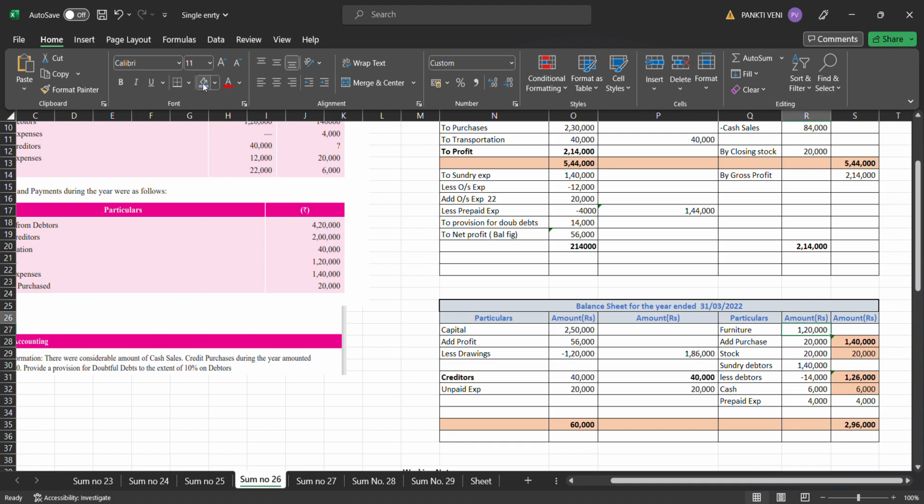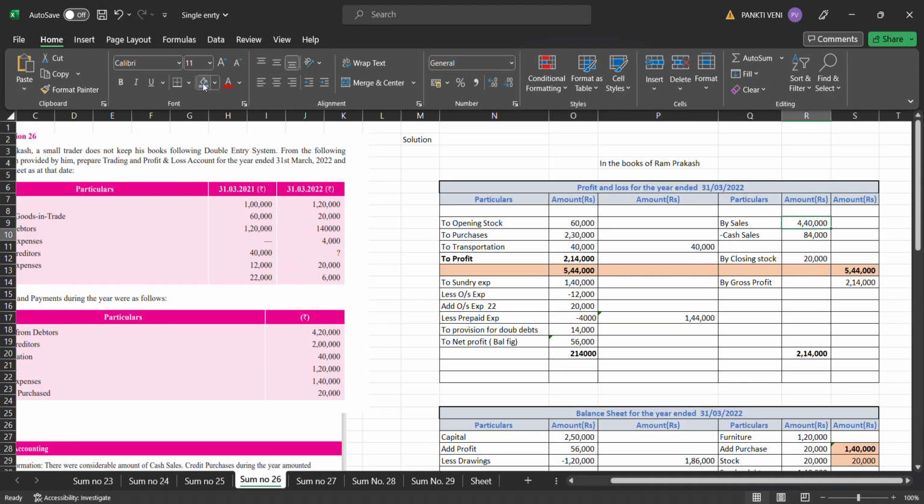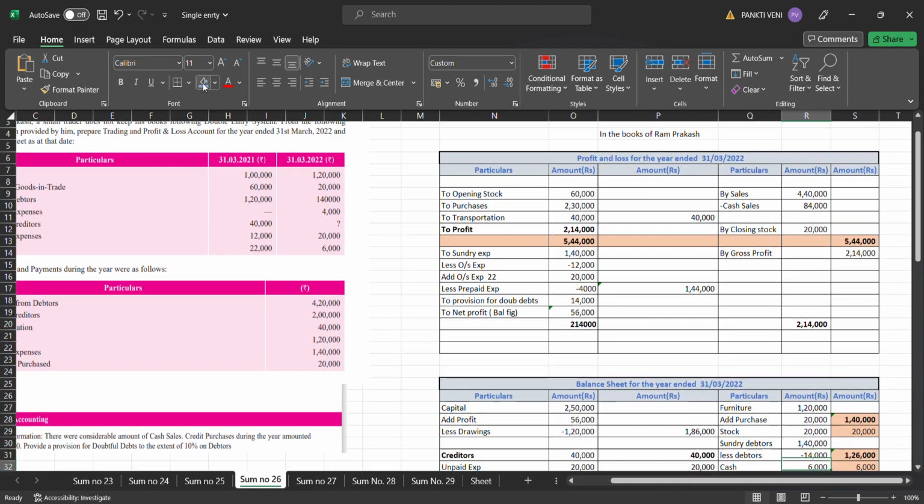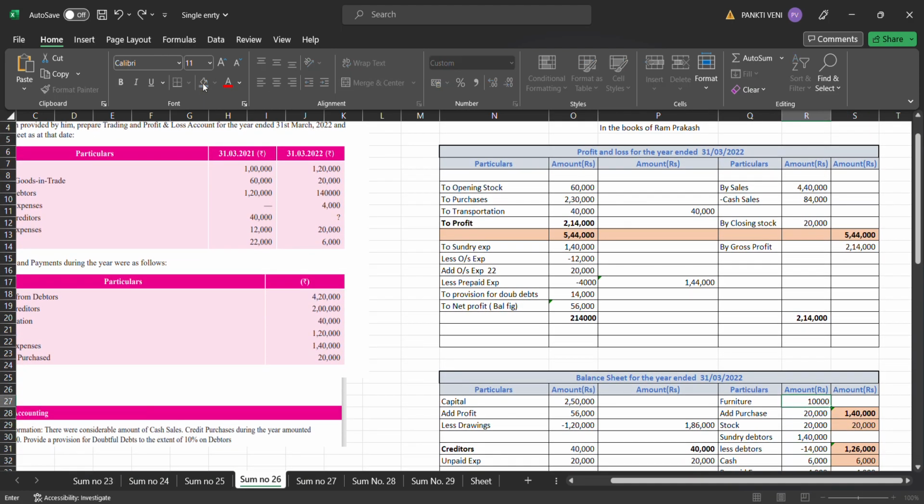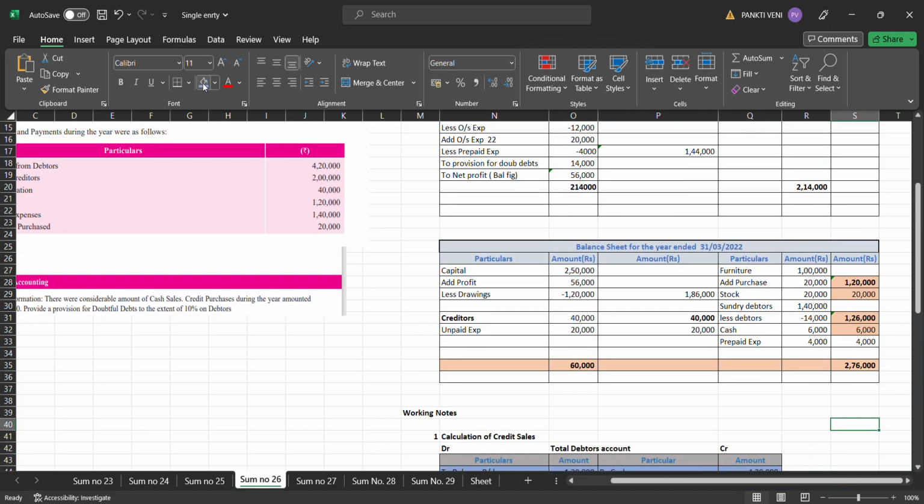Prepaid expenses. Okay. So furniture opening balance is 1 lakh, and to that if I add, I'll get 2,76,000. Here also if I do my working, I will get 2,76,000. Okay, so here there's a difference.